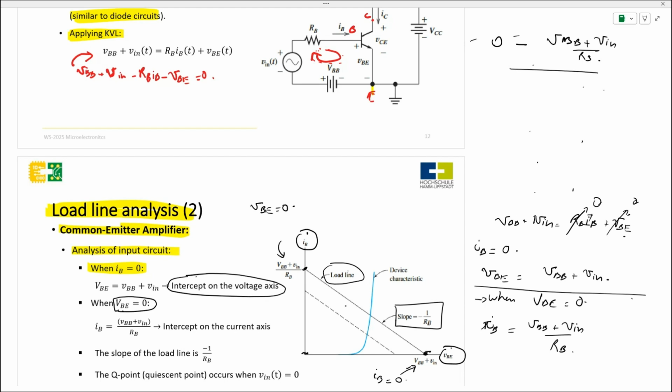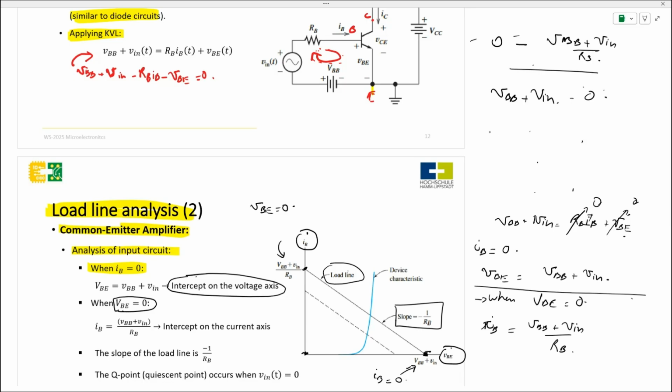Now, this is the y of the VBB equal to 0, but here it's different. Now we take the x's. We have here our x, which is VBB plus Vin, minus the x here, which is 0.